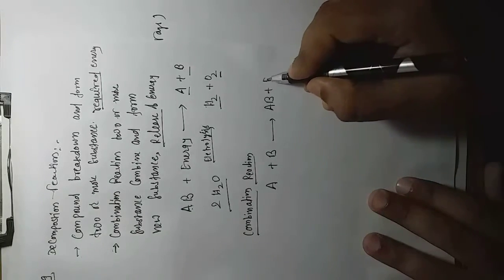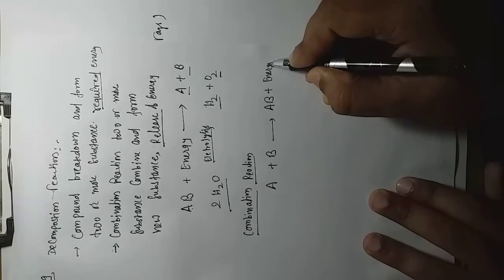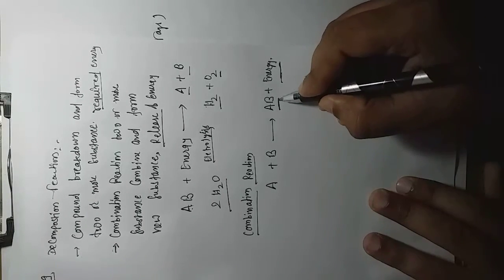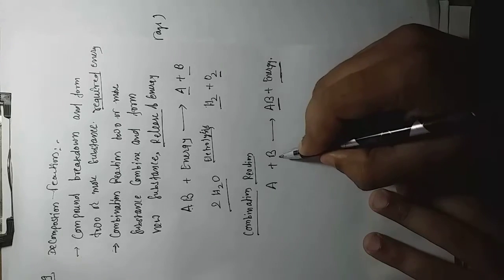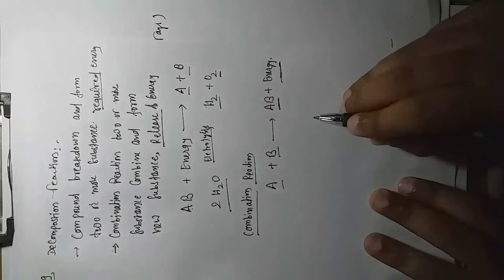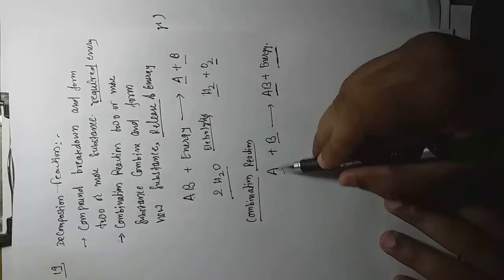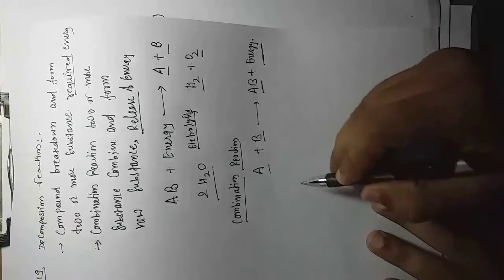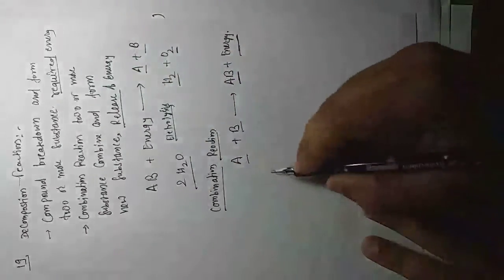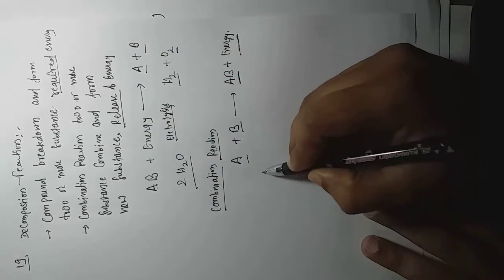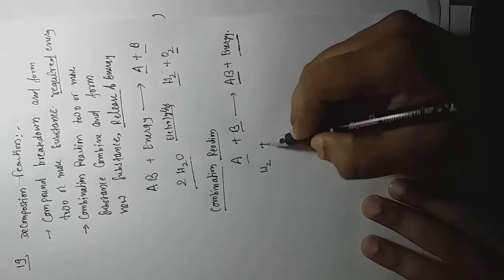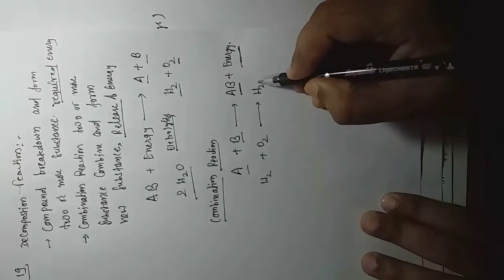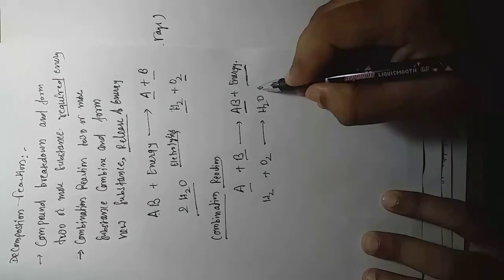This is called a combination reaction, in which energy is released and a new substance AB forms, where A and B, two different substances, react with each other. You may write it like this. An example: hydrogen reacts with oxygen in a definite ratio to form water, and it also provides energy.